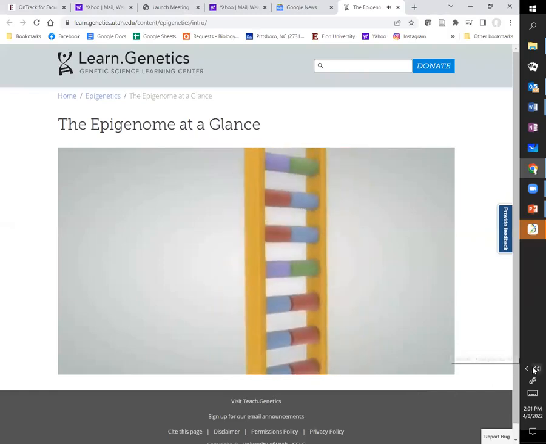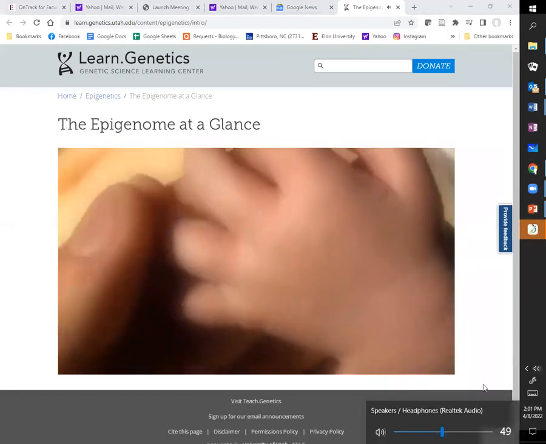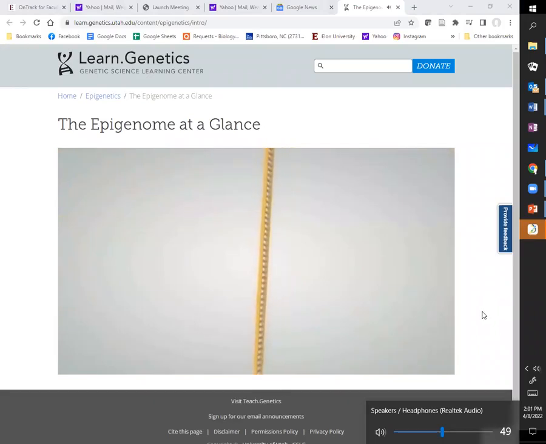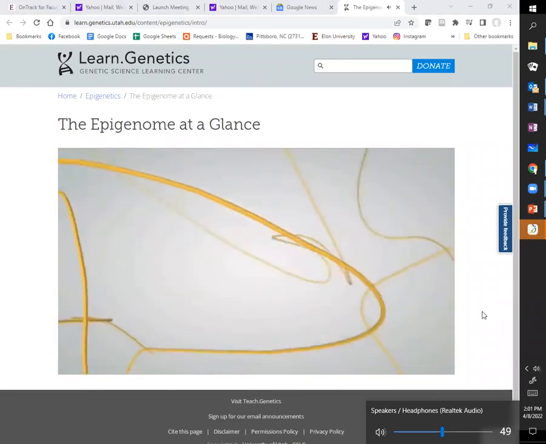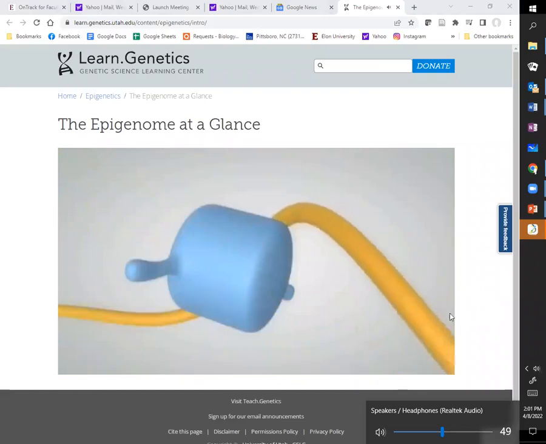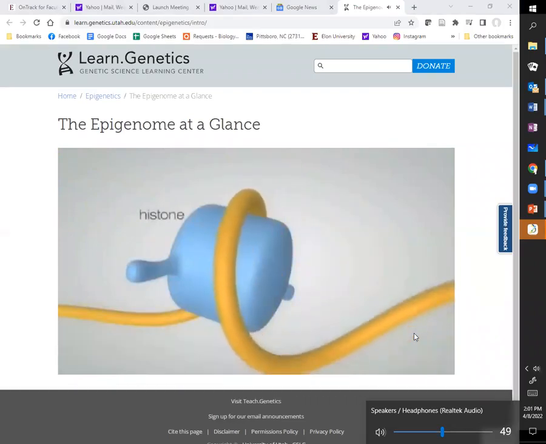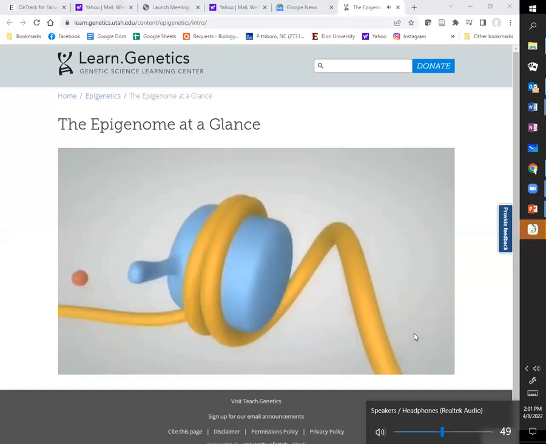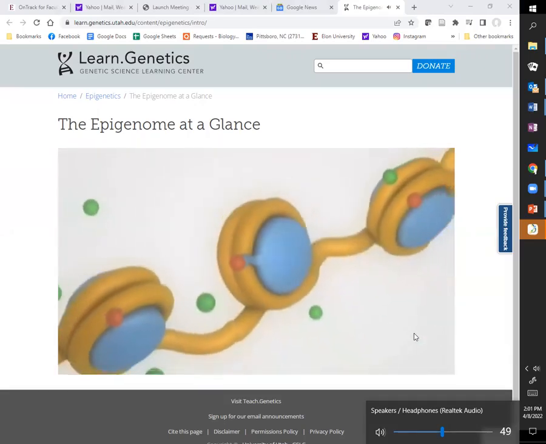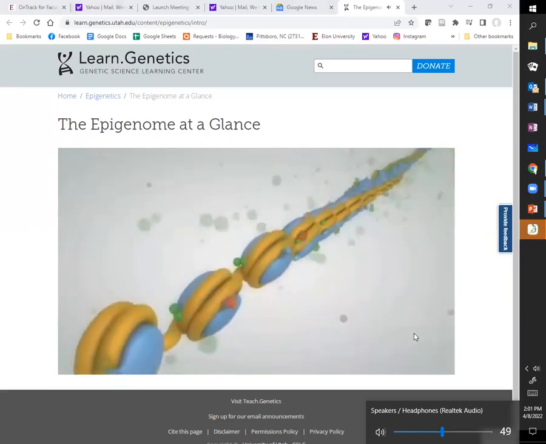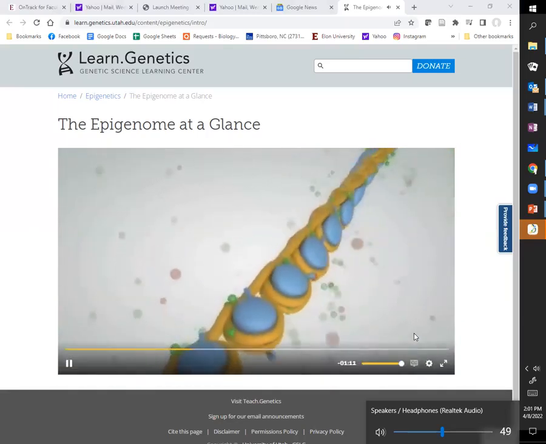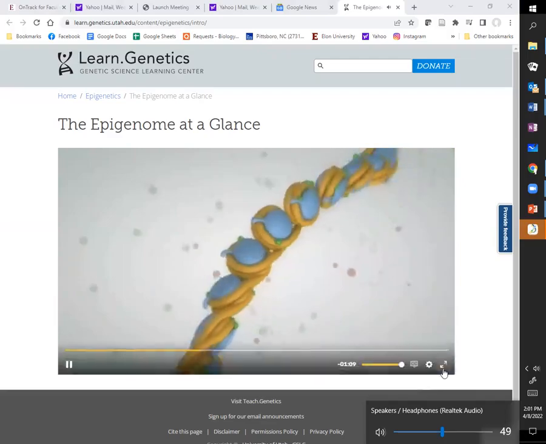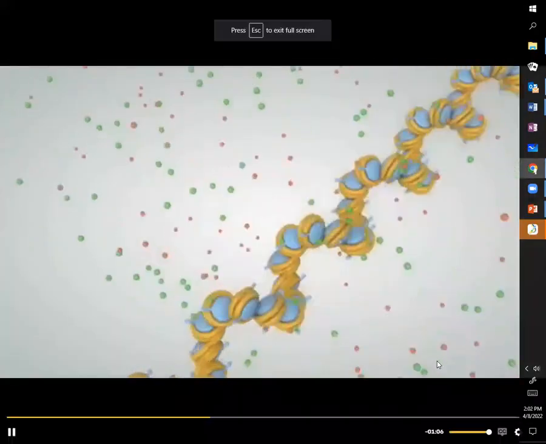DNA contains the instructions for building all the parts of the body. But DNA is only half the story. The DNA in our bodies is wrapped around proteins called histones. Both the DNA and histones are covered with chemical tags. This second layer of structure is called the epigenome. The epigenome shapes the physical structure of the genome. It tightly wraps inactive genes, making them unreadable.